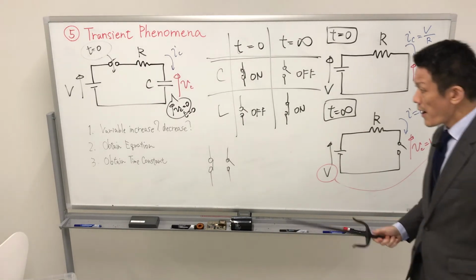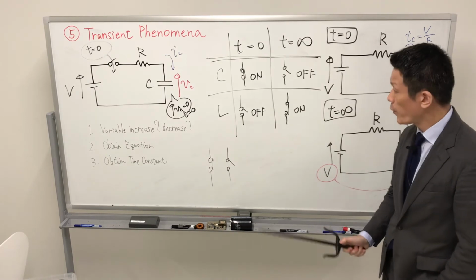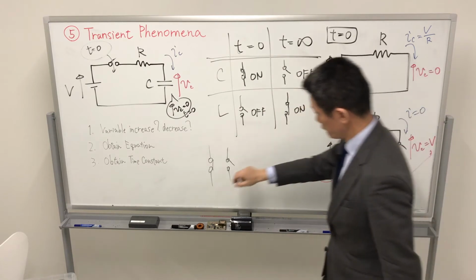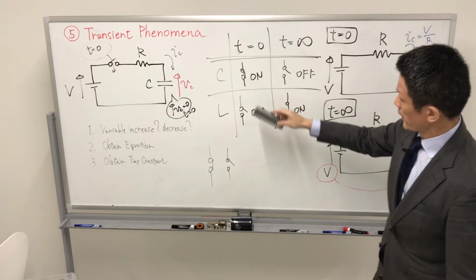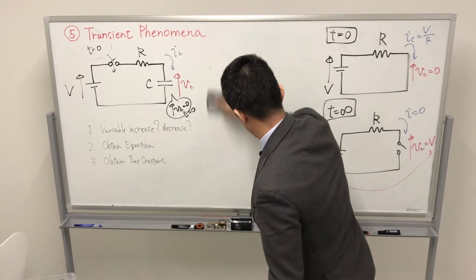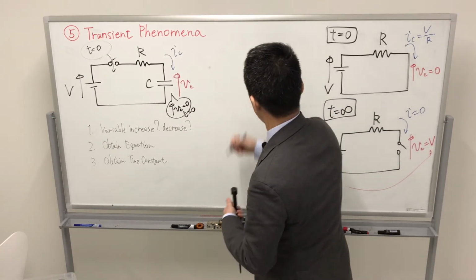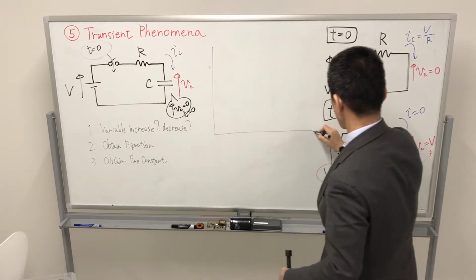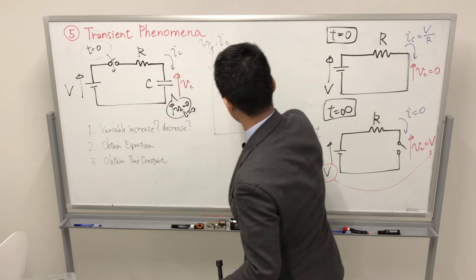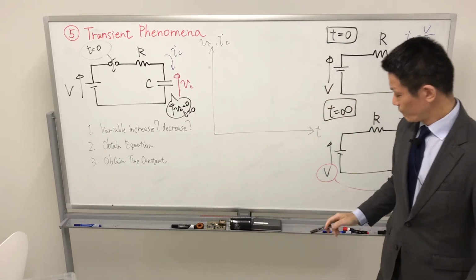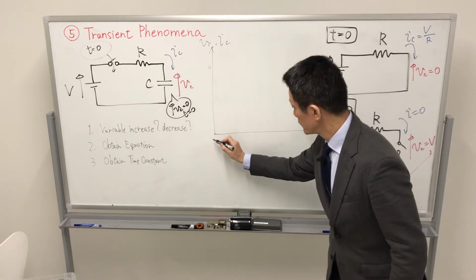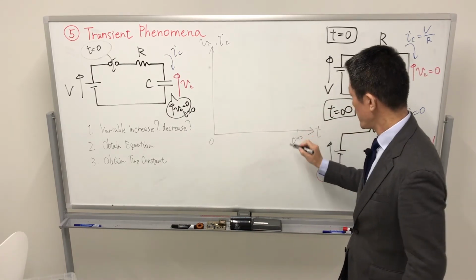And next step, increase or decrease. We will indicate the waveform from now. We will draw T, VC, IC. Please draw each waveform.